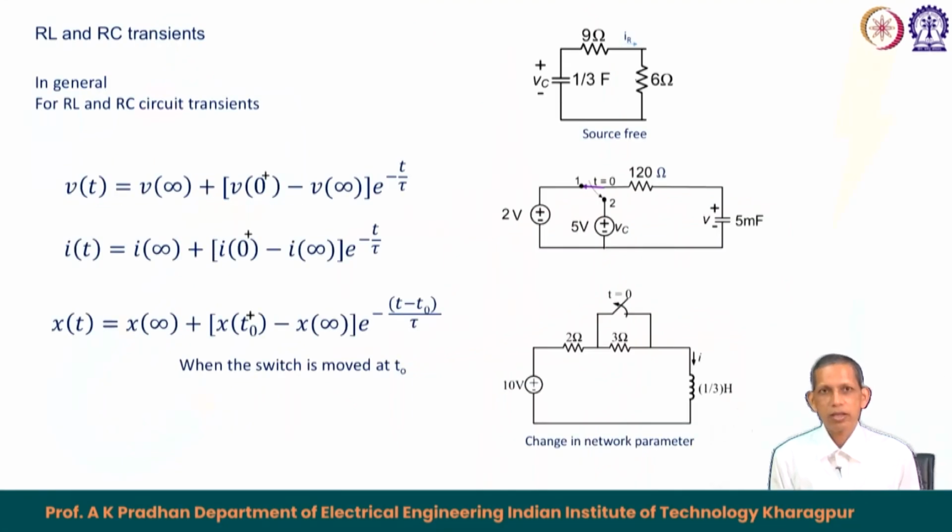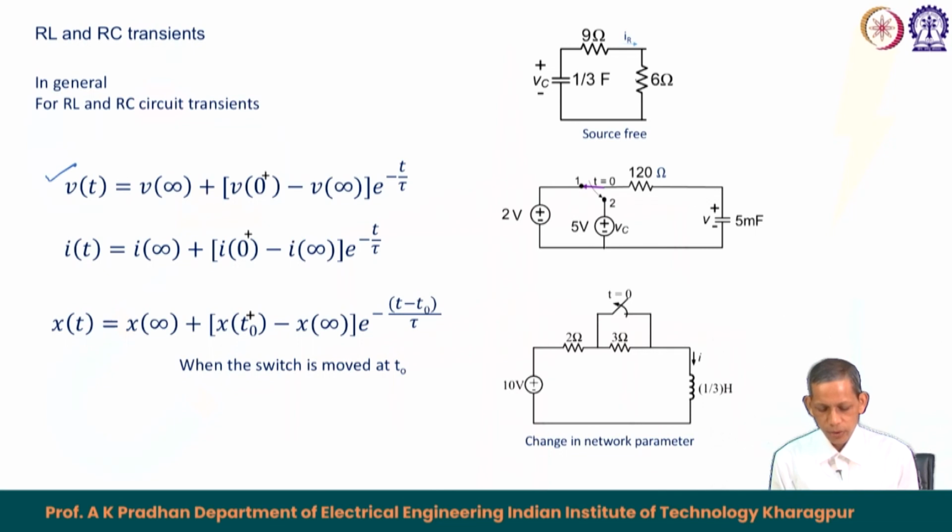In the last lecture we summarized a generalized approach for finding the transient solution for RL or RC circuits. The voltage expression can be written as V(t) = V infinity + (V naught - V infinity) e to the power minus t by tau, tau being the time constant of the circuit.